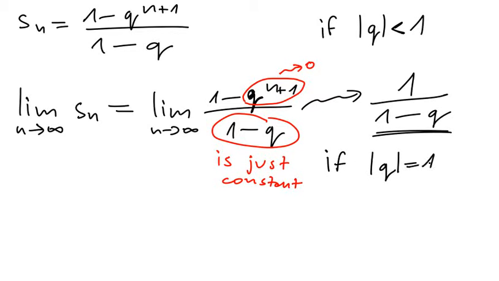Now if q is equal to plus or minus 1, then if q is equal to 1, this doesn't make any sense, because we are dividing by 0.